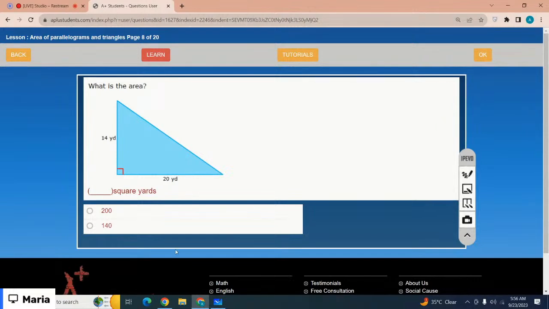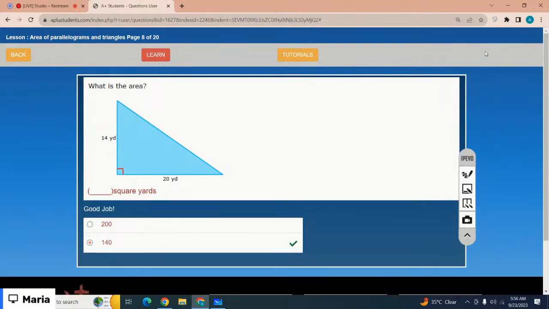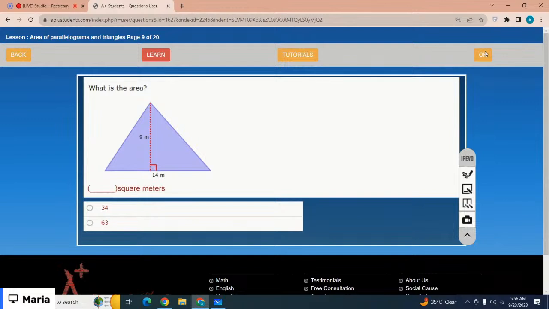Yes, that would be 140. Half times base times height, that would be 140, right? Okay, what is the area?